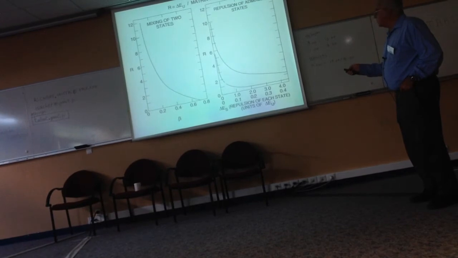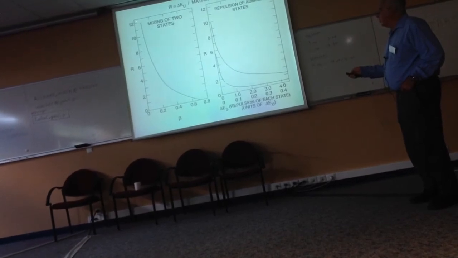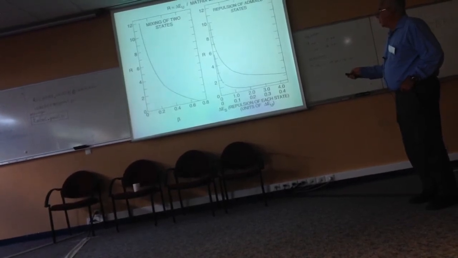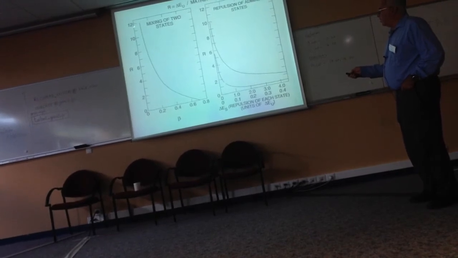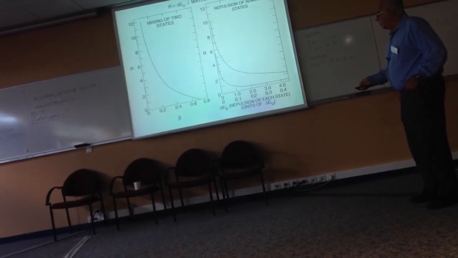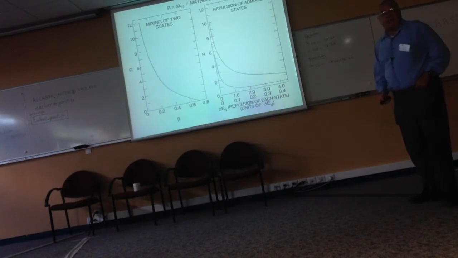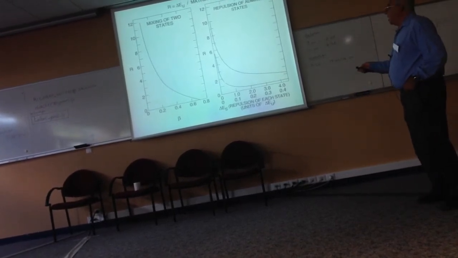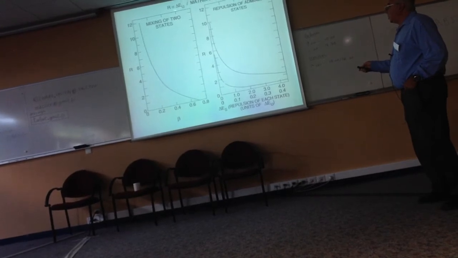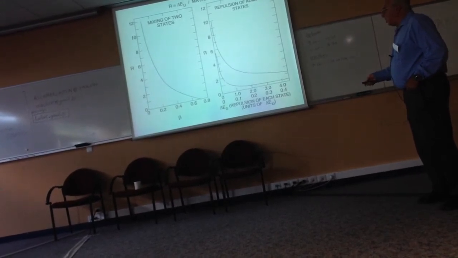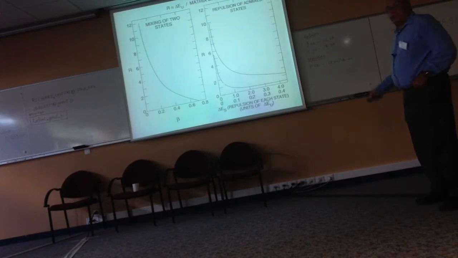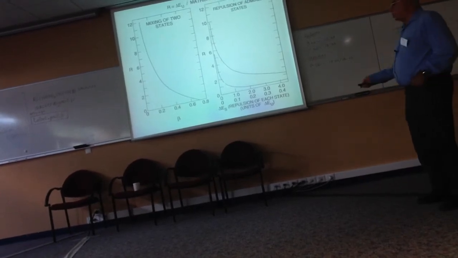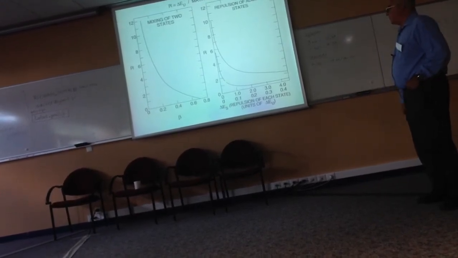The curve is here, corresponding to small beta, so the mixing amplitudes are very small. If the matrix element is comparable to the unperturbed spacing, so that R would be 1, you're down here, you have a very large mixing amplitude of 0.5. The largest you can have is 0.707.